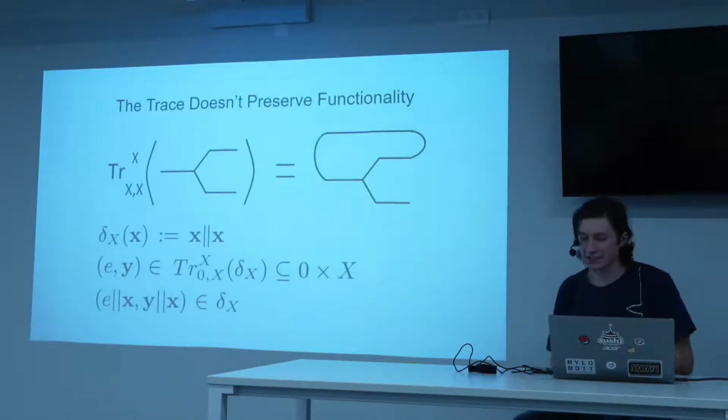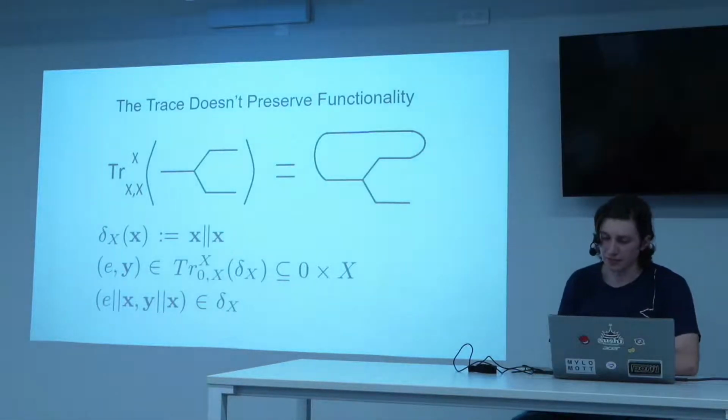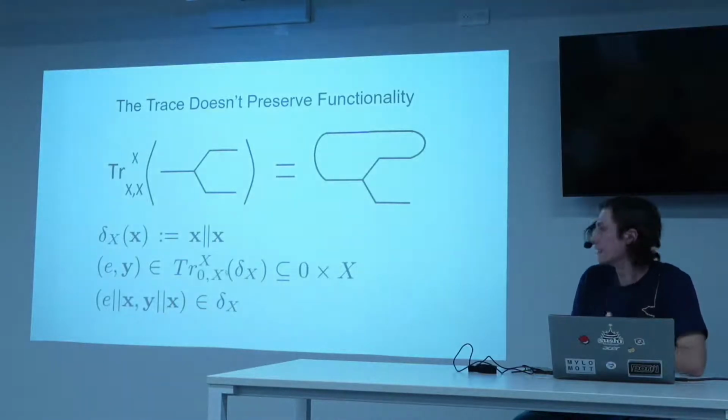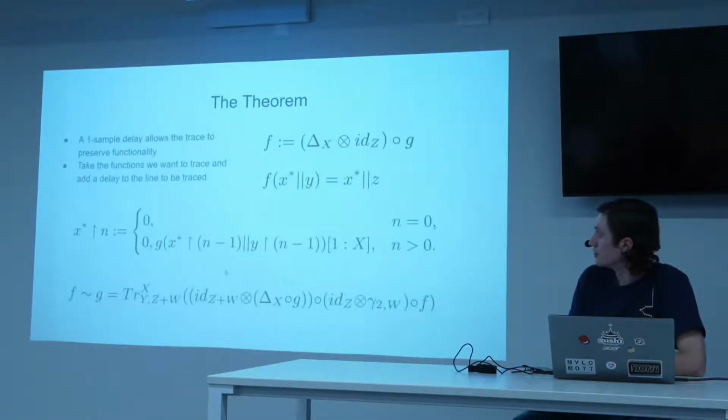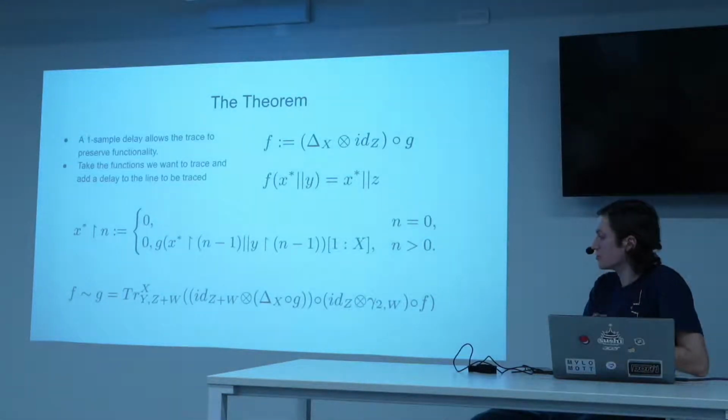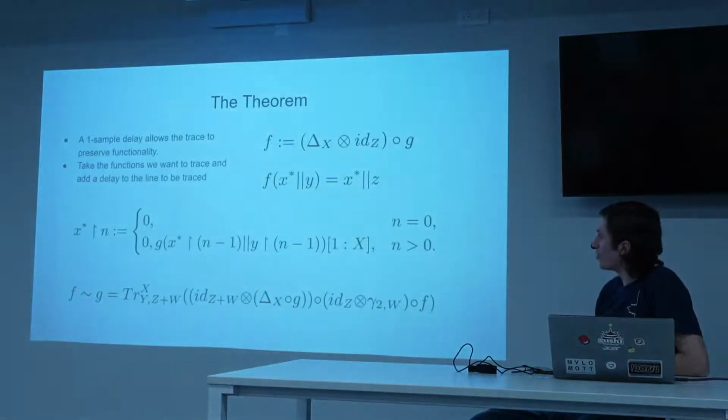So the main takeaway is that the trace doesn't actually preserve functionality, but not all is lost, because we can preserve it using the one sample delay. The way to go about transforming your function that you want to trace, and keep it as a signal processor, is that you combine it with a delay along the lines that you want to trace, and then you take the trace of that line.